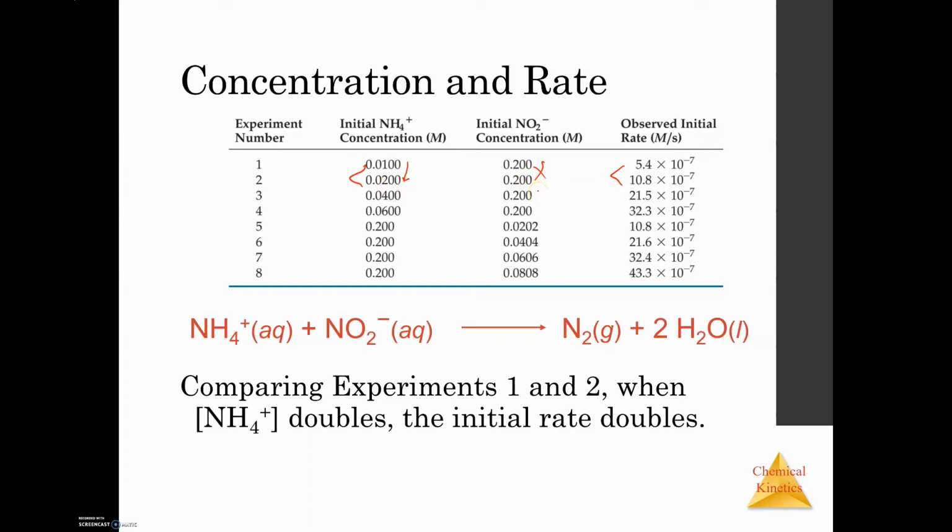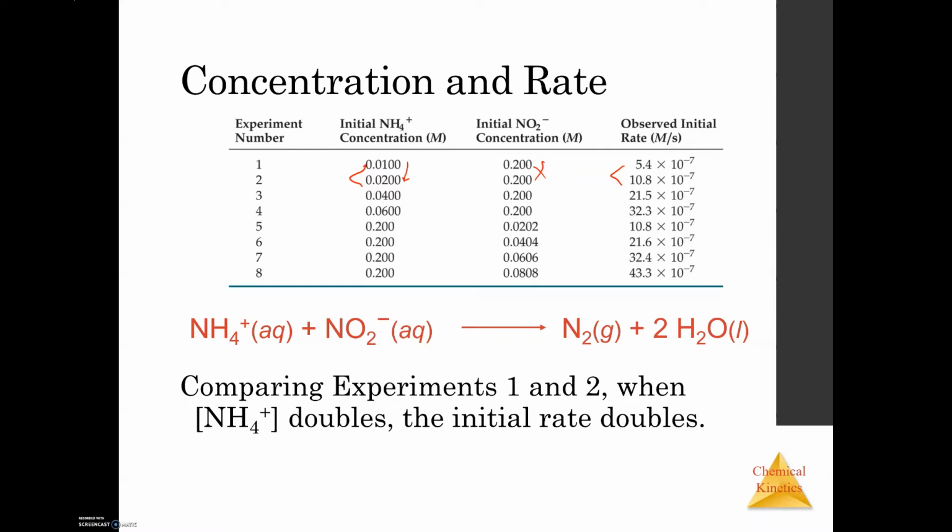You don't want to be trying to determine m and then have a varying concentration for the other. That's why we use experiments 1 and 2. So as the concentration doubles, the rate doubles. That represents a proportionality. Then you have a first order reaction with respect to NH4+.